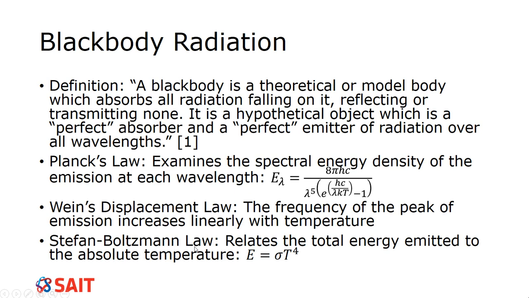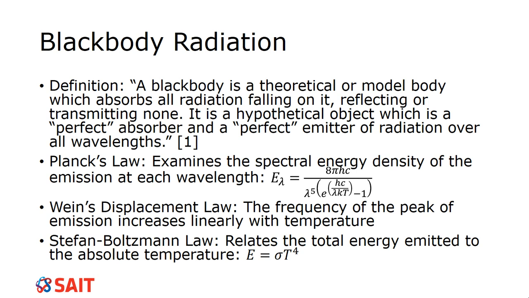Wien's displacement law, it is the frequency of the peak of emission increases linearly with temperature. So if I increase my temperature, then the frequency that emits the most amount of energy is going to increase.